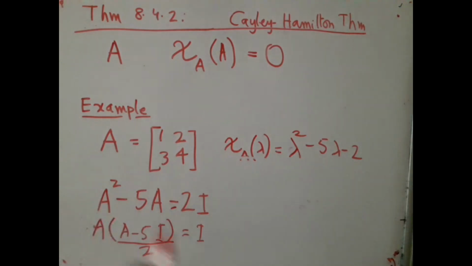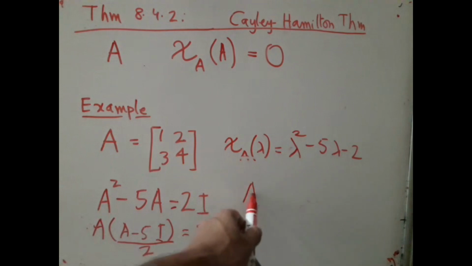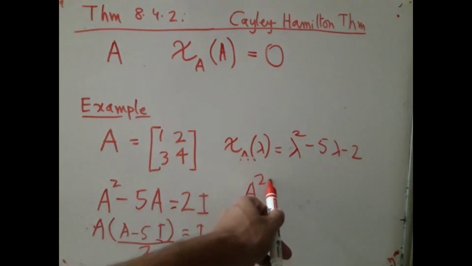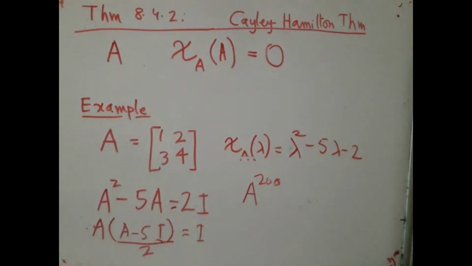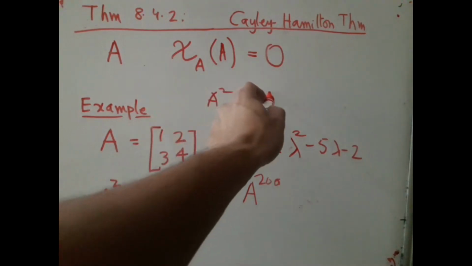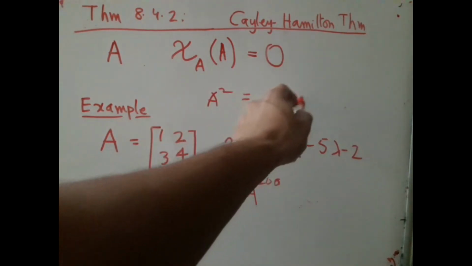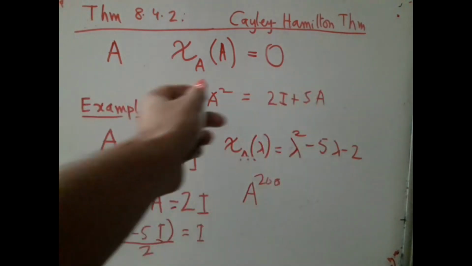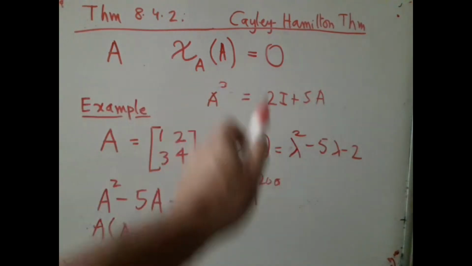Now again, if someone asks me to find A to the power something, say 200, then instead of really raising it to the power 200, we can use this fact by saying that A squared is a linear combination of A and I. So A cubed is also a linear combination of A and I, because I have A squared equal to 2I plus 5A. Multiply this with A. Once again, you get A cubed.